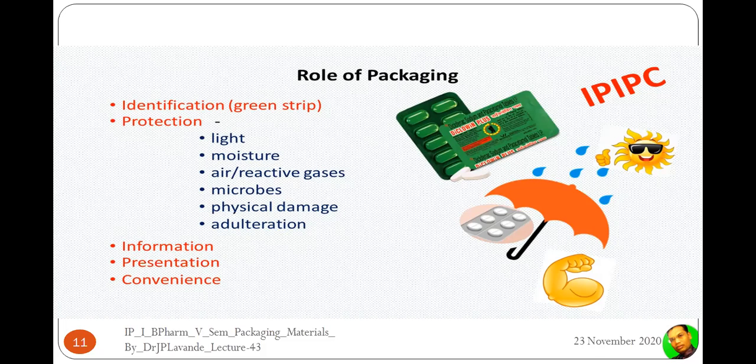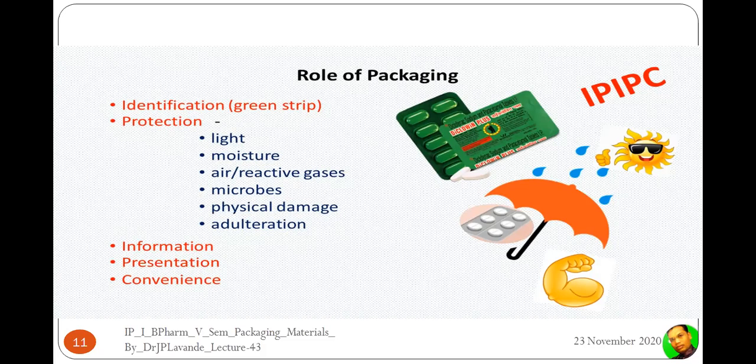In order to protect them from moisture, packaging is again important. Then there are air and reactive gases; the air may come in contact with the product and degrade it. That can be protected by having suitable packaging.